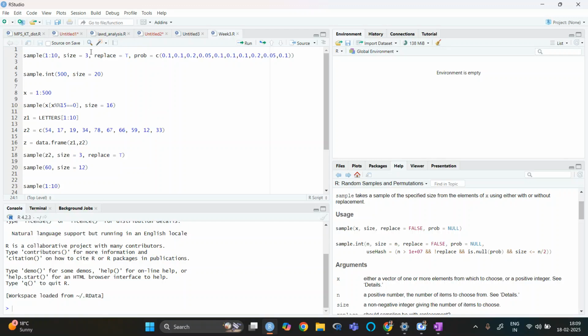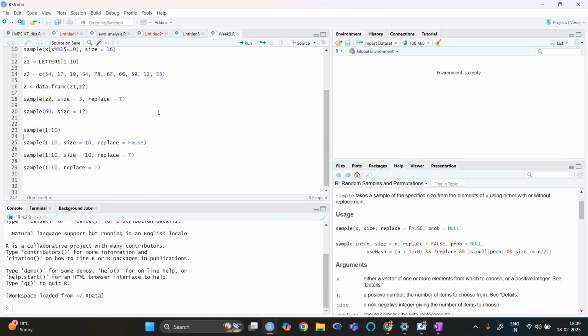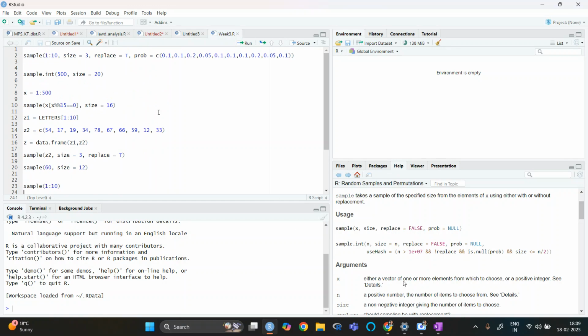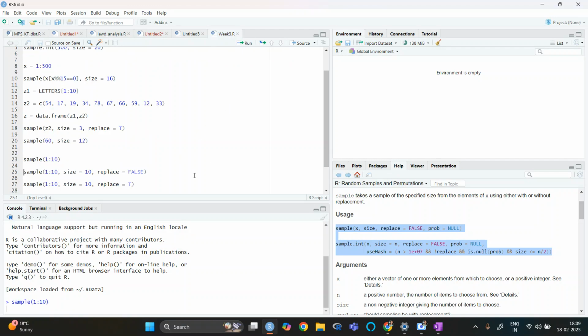So here are some examples which we used in the last class. We have two functions here, sample and sample.int. In sample, in x, we need to give some vector. Let's say I write sample 1 to 10. To run it, you can use Run or Control Enter.